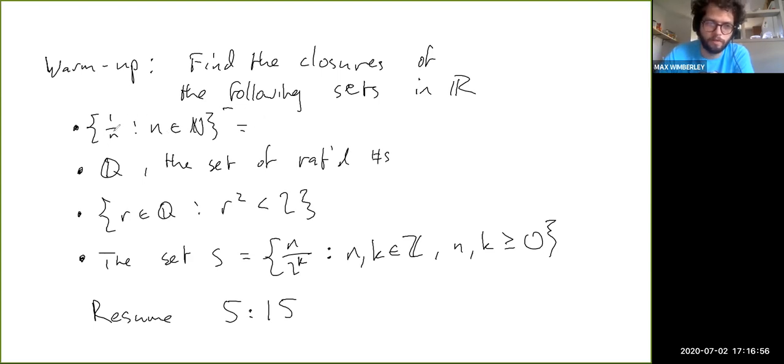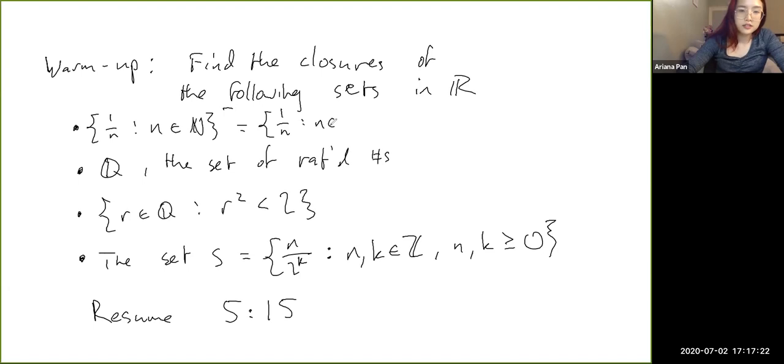Because if you imagine forming any sequence of these points, that sequence will have to converge to 0. Well, if you're allowed to repeat points, that's not necessarily true. But either it converges to 0 or it converges to one of the numbers already in the set, if you repeat that number infinitely many times, right? So this is 1 over n for n in N, union 0. Very good.